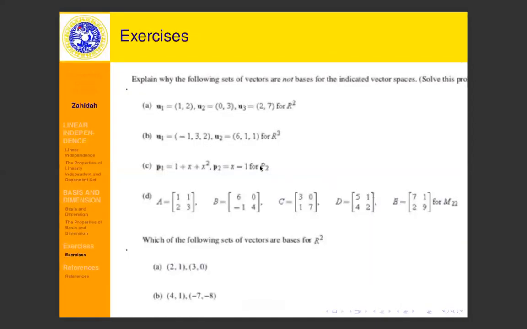Okay, for the third one, we have polynomials of degree 2. So the dimension of P2 is?